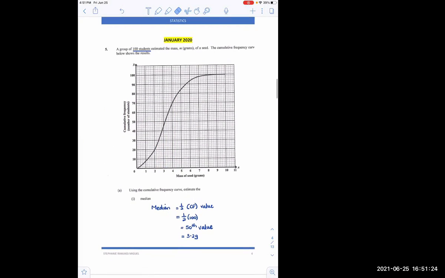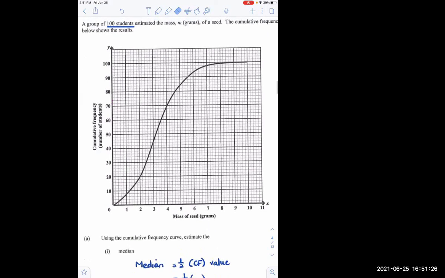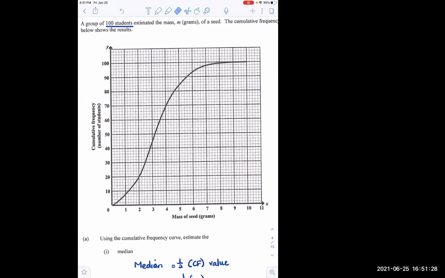Pay attention and then you'll write. The cumulative frequency here is 100. We need to find three things: the median, which is Q2; the upper quartile, which is Q3; and the lower quartile, which is Q1.